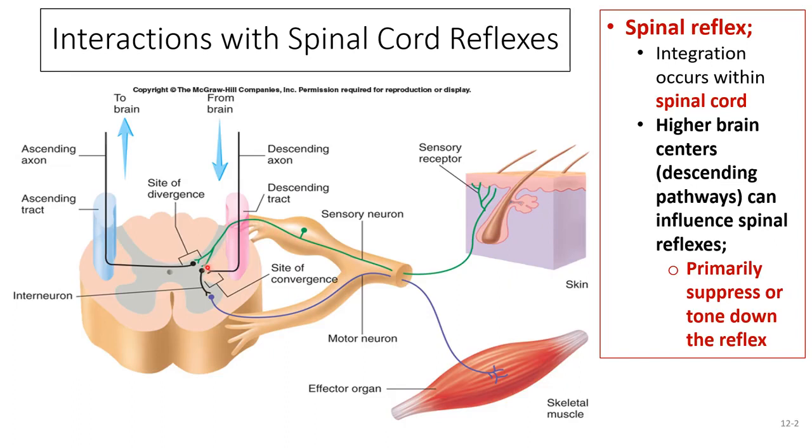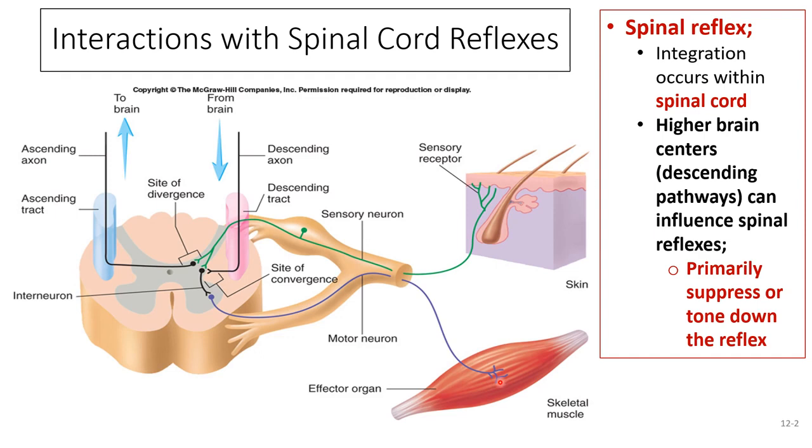And once in the gray matter, it'll synapse onto an interneuron. The interneuron will then process that sensory information, and then it'll synapse onto the motor efferent that comes right back out of that spinal nerve and supplies the target tissue, the skeletal muscle.